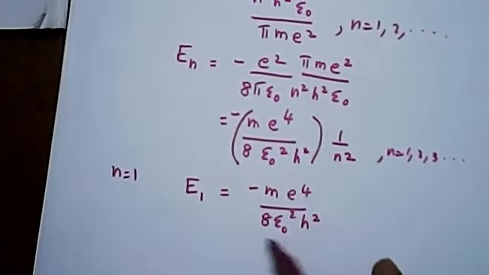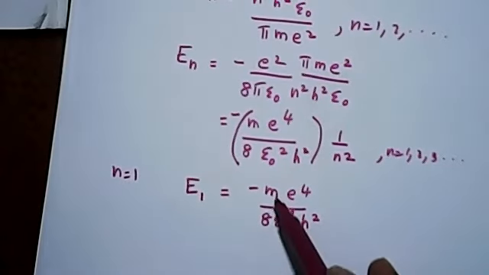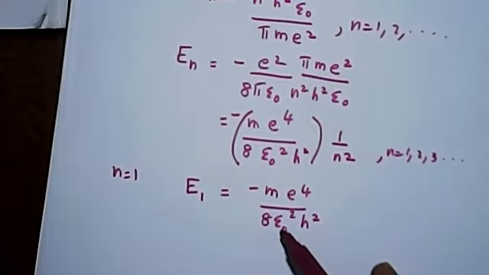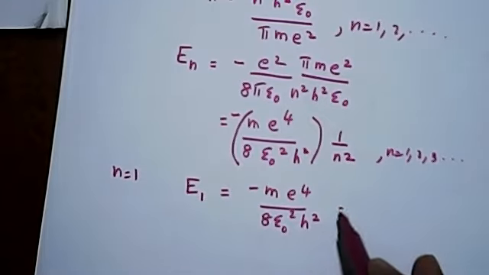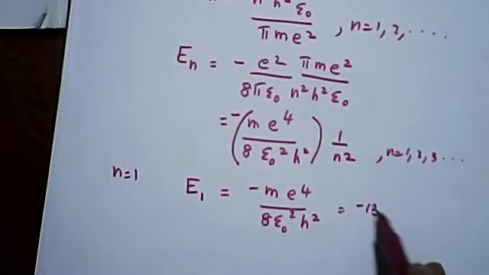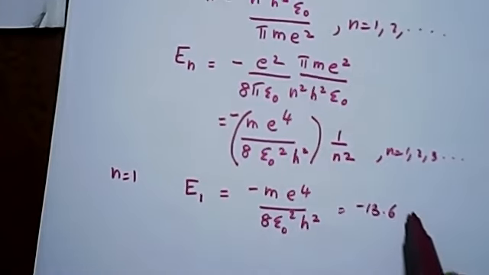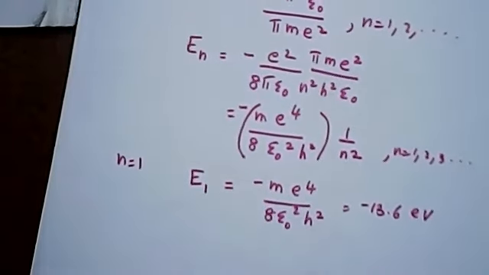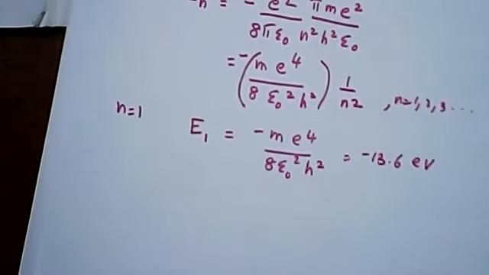Now if you calculate this by substituting the values for mass of the electron, electronic charge, epsilon 0 permittivity, and the Planck's constant, you will end up with minus 13.6 electron volt for the hydrogen atom. Okay. So this is for the hydrogen atom.